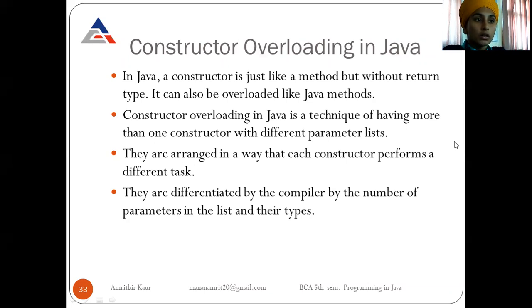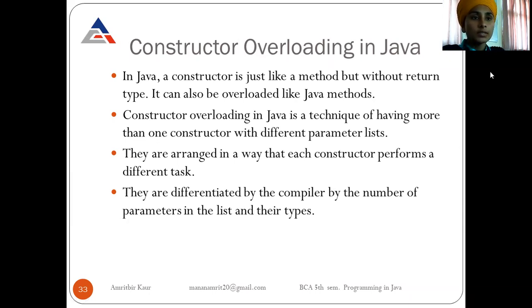The compiler can differentiate constructors by two points. One is the number of parameters. For example, we create a constructor in which we pass one parameter, one field value, and another constructor in which we pass two parameters. So they can be differentiated by the number of parameters, and also by their types.